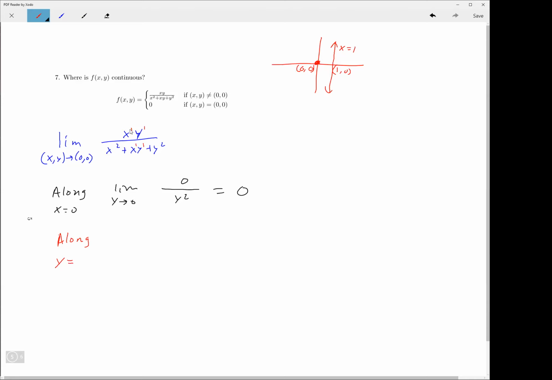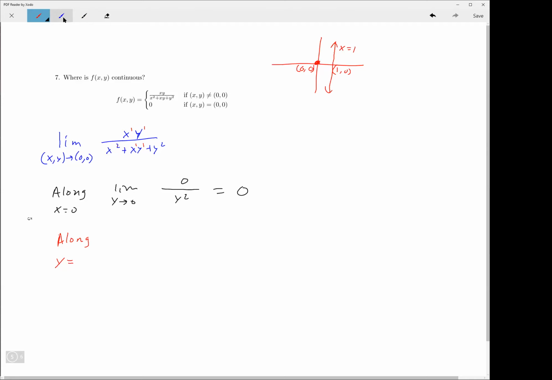These are 1s, so these add up to 2. That's 2, these add up to 2, and that's 2. All 2s. That's a hint that different paths are going to do different things. But this path going along x equals 0 gives you 0, and this path gives you 0. But we come in a different direction.